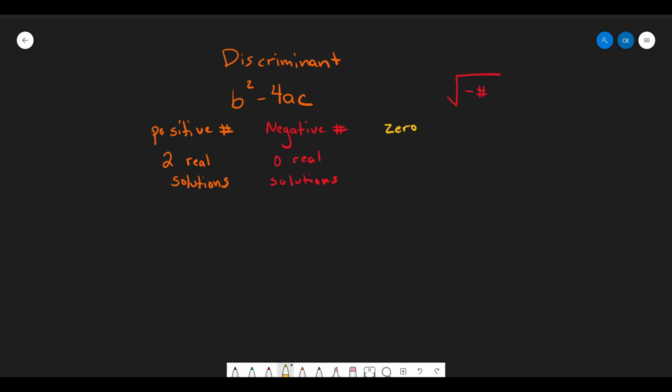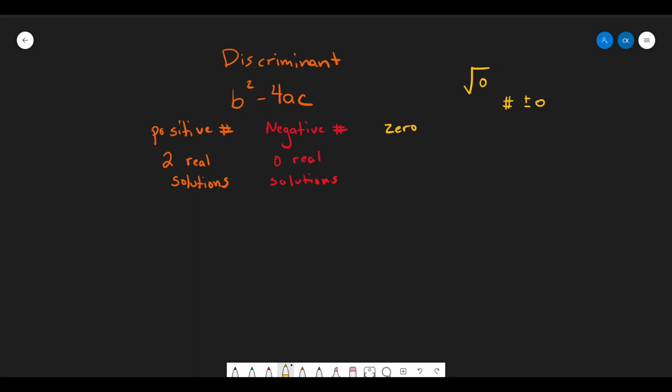If you get 0 when you do b squared minus 4ac, what happens? Well, again, let's look at it. What is the square root of 0? Square root of 0 is just 0. So you're going to have some number in the quadratic formula plus or minus 0. Well, does it matter if you add or subtract 0? Are you going to get the same answer? Well, hopefully you said yes, right?